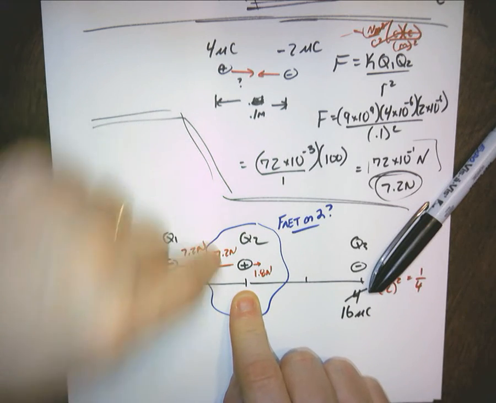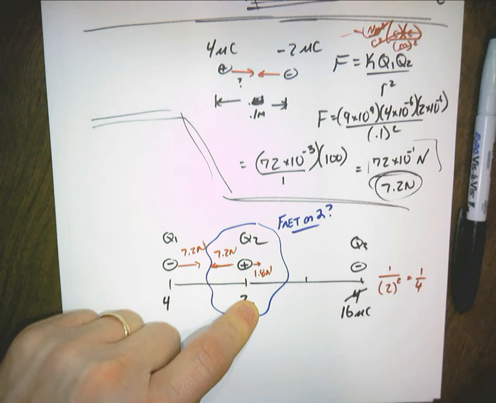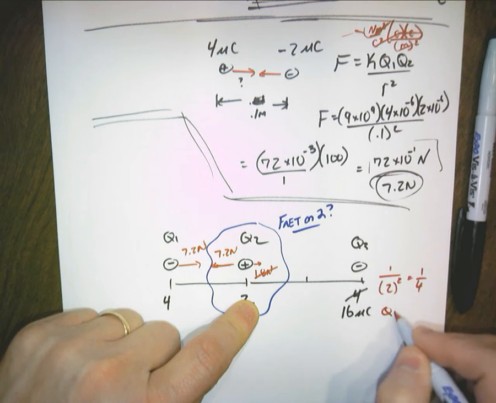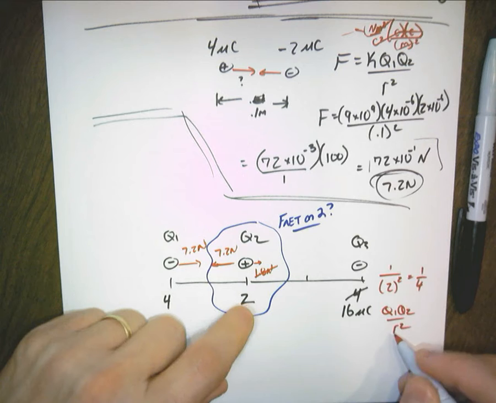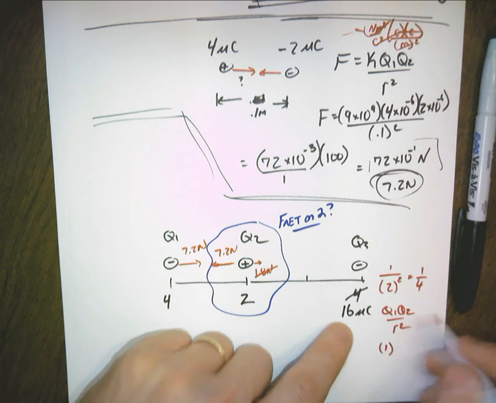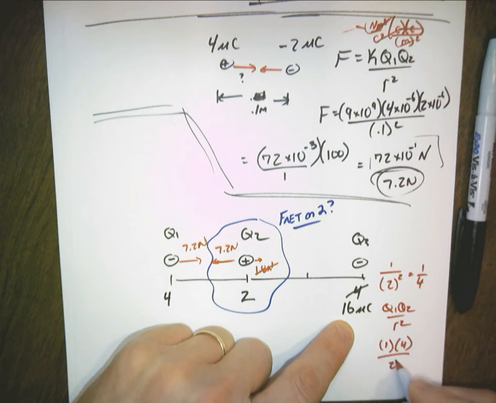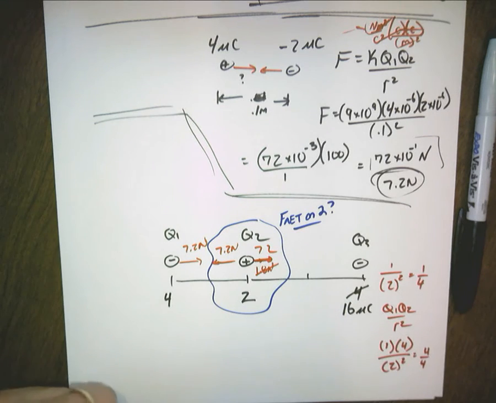This one's going to pull quadruple as much, but the fact that it's twice the distance knocks it down to a quarter. So what you end up with when you go Q1, Q2 over R squared, you end up with this charge stayed the same. The second charge is now quadruple. And doubling the distance, you get 4 over 4, or unchanged, which would make that 7.2.